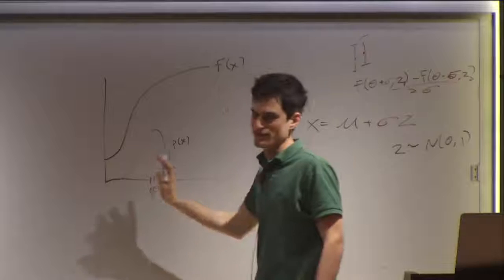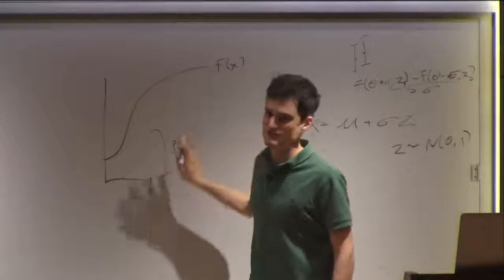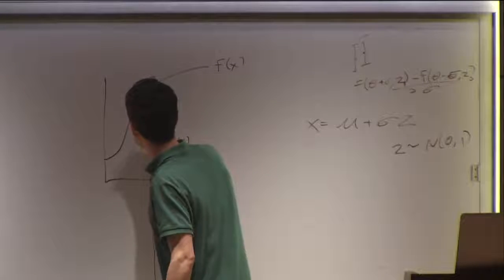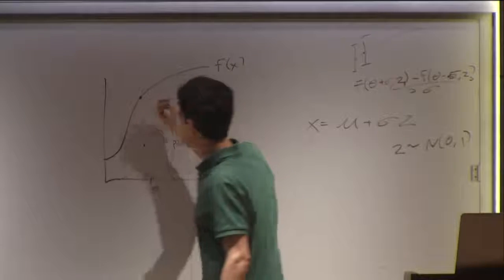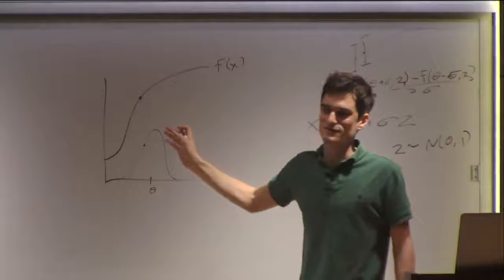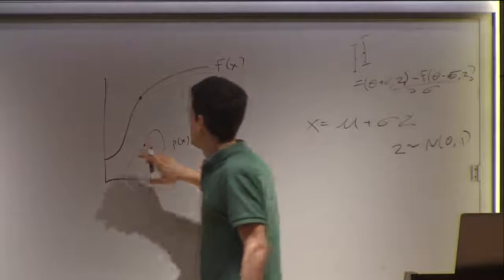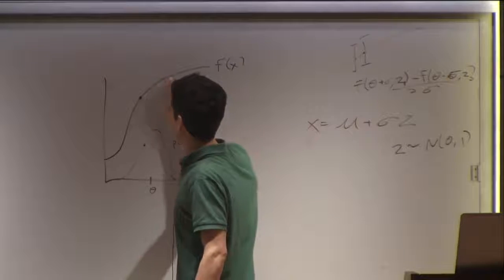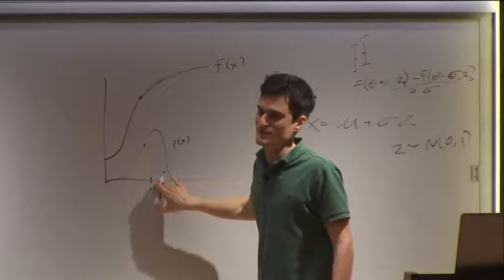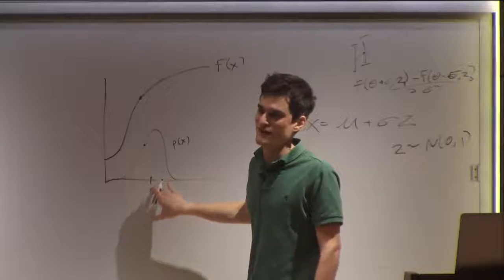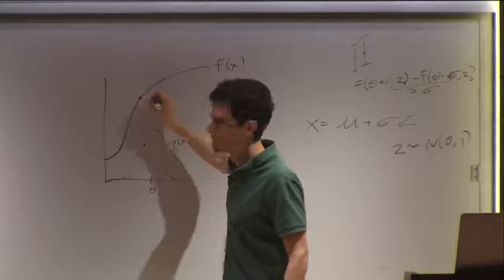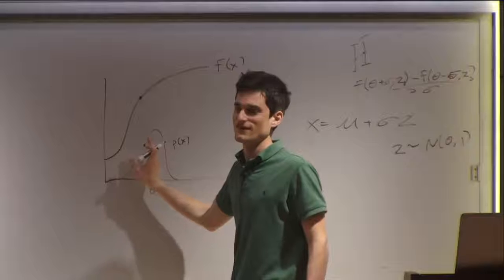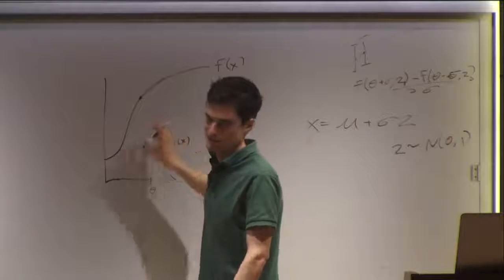And we want to figure out how the expectation of f of x is going to change when we move our mean around. So let's say we get a sample. Then the pathwise derivative is just looking at the slope at our sample point. That's going to be really good if the slope is basically fixed over the whole distribution. In fact, if the slope is fixed over the whole support of the distribution, then we're going to get zero variance, because we're always going to get the right answer.